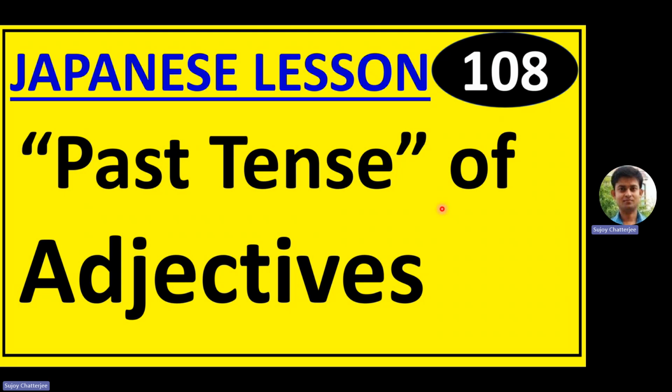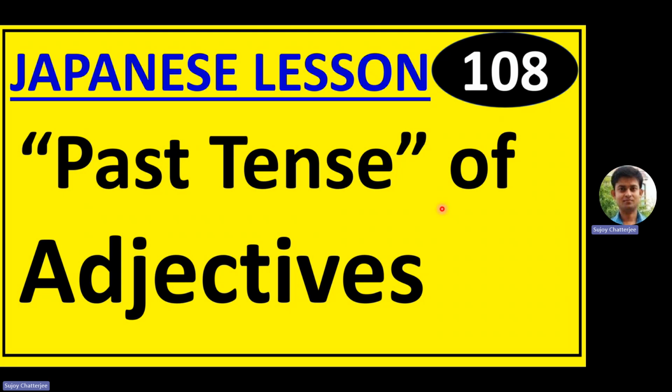Actually, the thing is, in Japanese, adjectives also have a component of tense or verb, you may say. So adjectives are not pure adjectives. There is some verb component present in them.